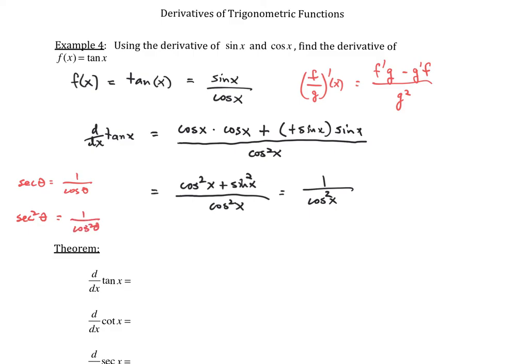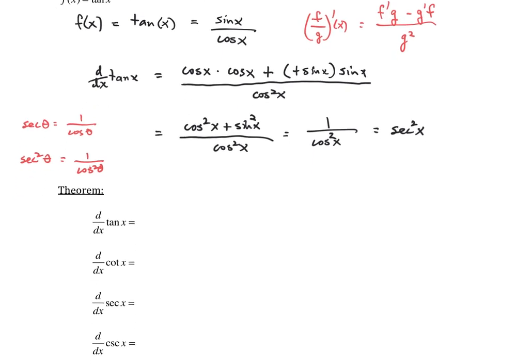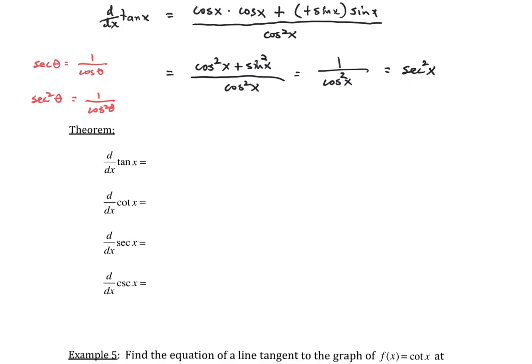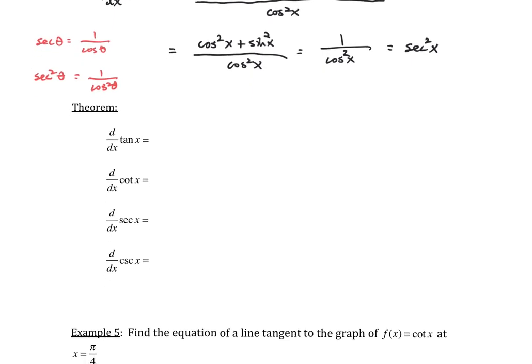So really, this derivative of tangent is going to become secant squared x. So now we've just solved for the derivative of tangent, and I'm going to write it in this theorem we see on our screen here. So we get secant squared x.